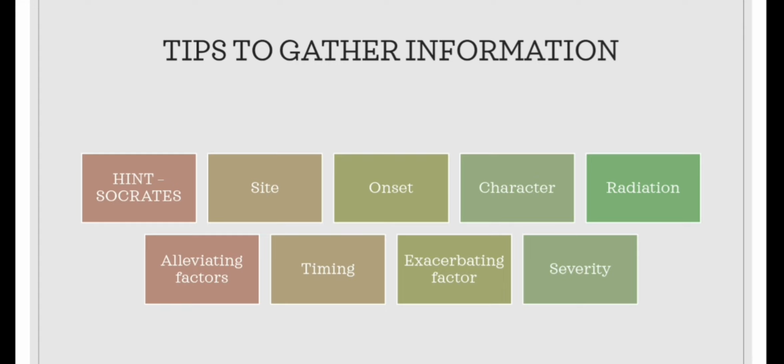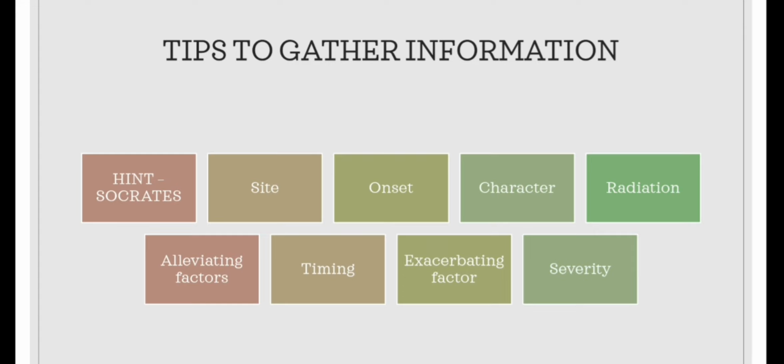In a patient with long standing or chronic symptoms, ask why he or she decided to come and see the doctor at this time and not before. Then next one is exacerbating factor. Ask if anything makes the pain or symptom worse. The slightest movement may exacerbate the abdominal pain of peritonitis or the pain in the big toe caused by gout. I have given this for your example purpose.